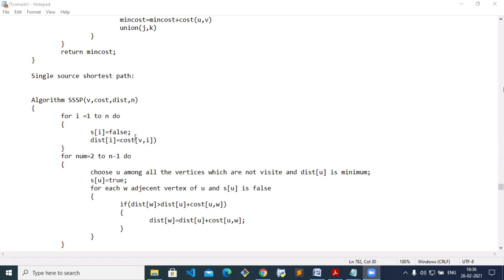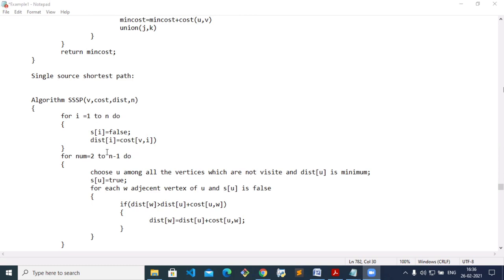Now, distance of I is equals to cost of V comma I. Why have I taken the cost? In the first step, if there is any possibility of direct edges, note down those costs. Remaining, you keep it as infinity. That is what I have done, right? This is nothing but distance of I is equals to cost of V comma I. Am I clear on this step?